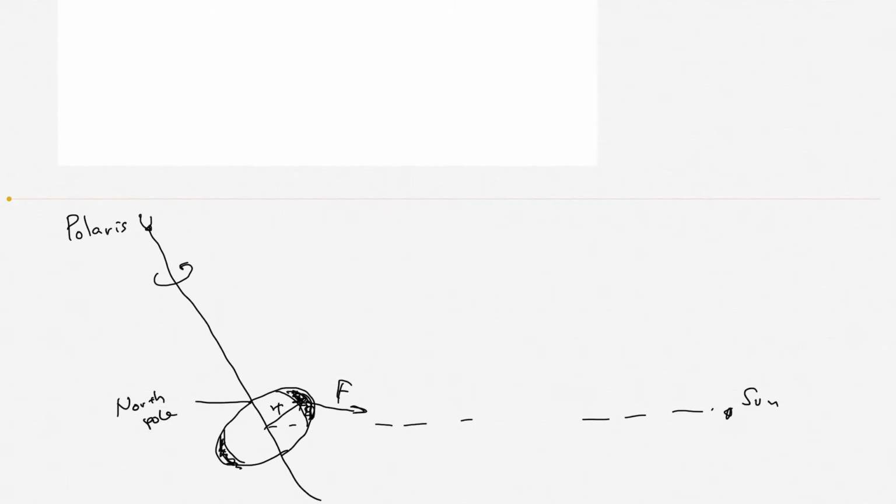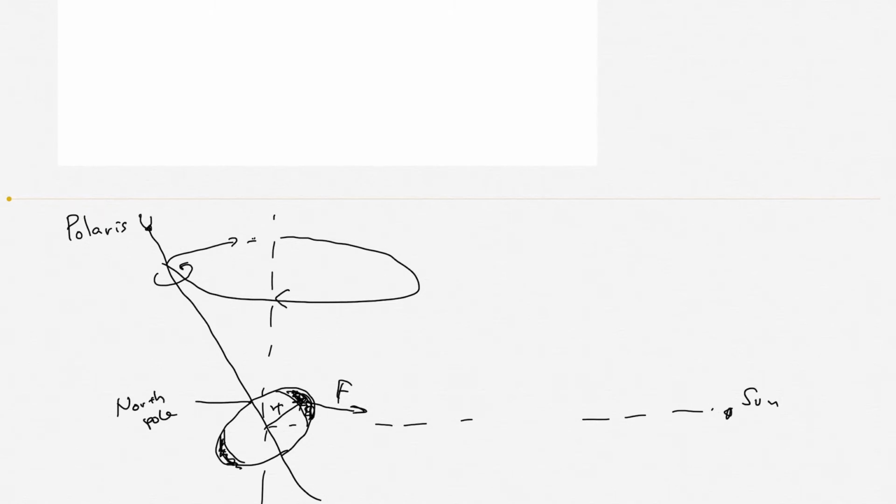Then, because of this torque, the spinning axis of the Earth starts rotating, and it returns.